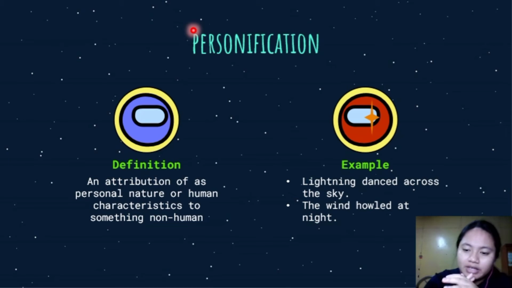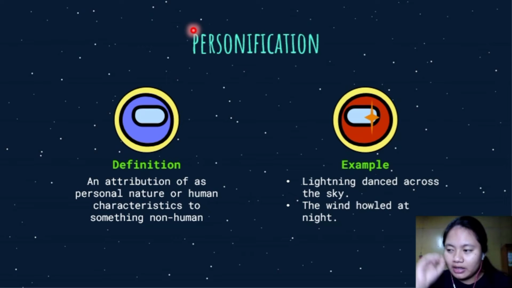So for example, given in this slide is: lightning dances across the sky. We know that lightning is something non-human, something that is not alive, but it is given a human attribution, which is dance.